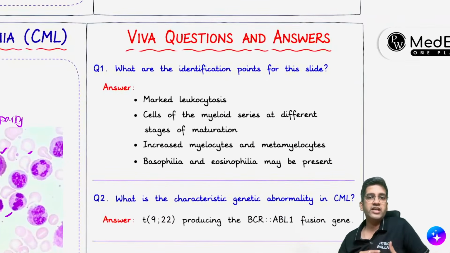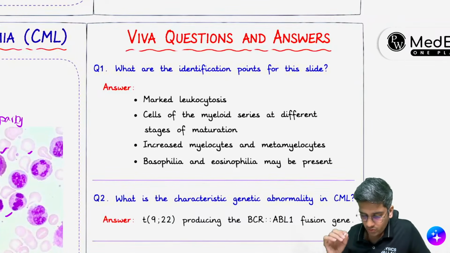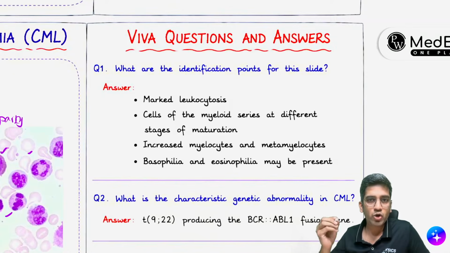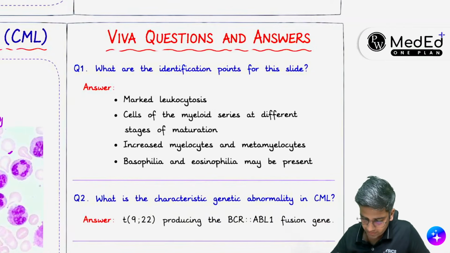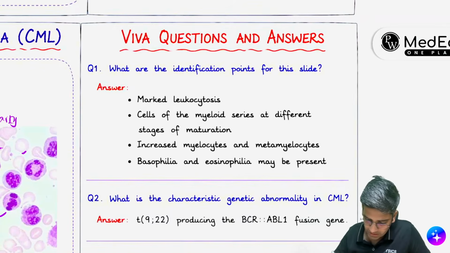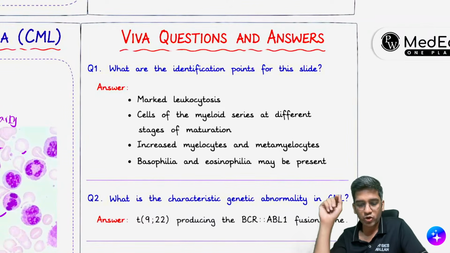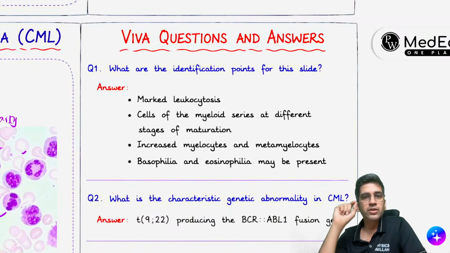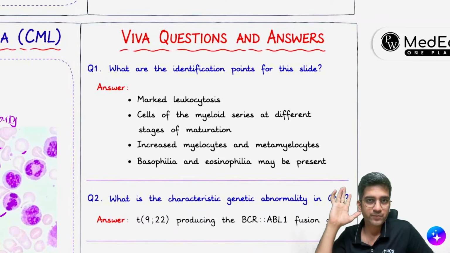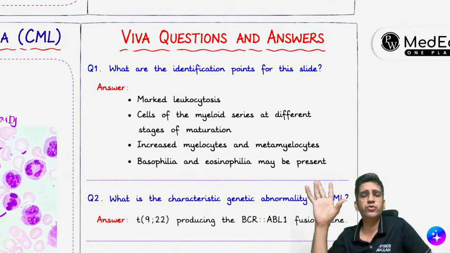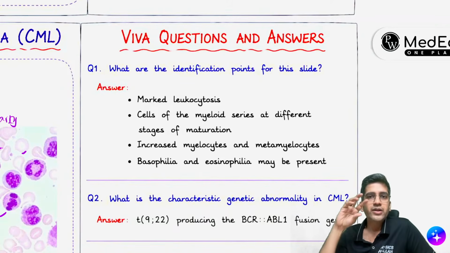So how do I know? What are the identification points? You have to have this phrase in your paper or in the viva: cells of different stages of myeloid maturation are seen. Can anyone tell this entire thing in one word? If you have to call it in one word, I use the term neutrophilic left shift, or shift to left. So when you have different stages of myeloid maturation, I call it neutrophilic left shift.